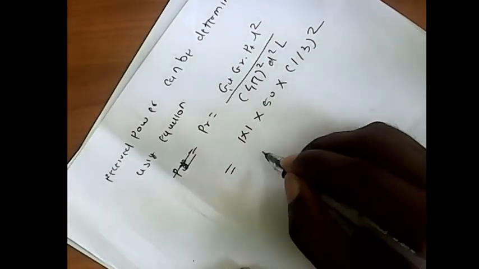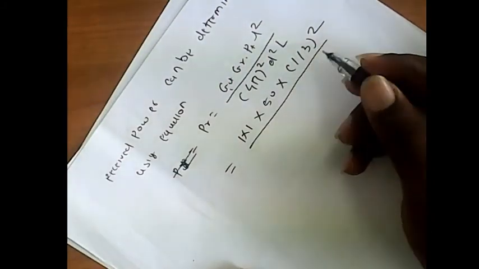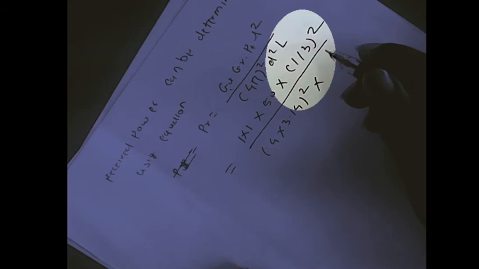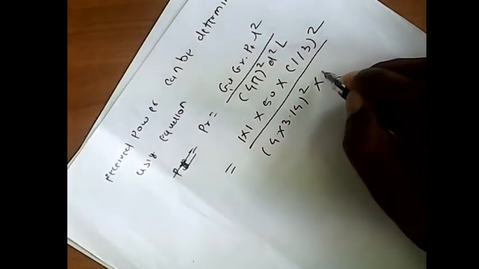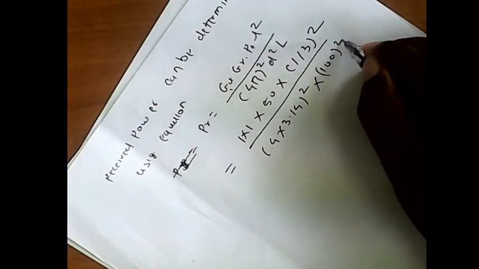From the given frequency we can already calculate it. Then 4 into 3.14 pi square, d is 100 meters, so 100, and L is equal to 1, which is assumed.